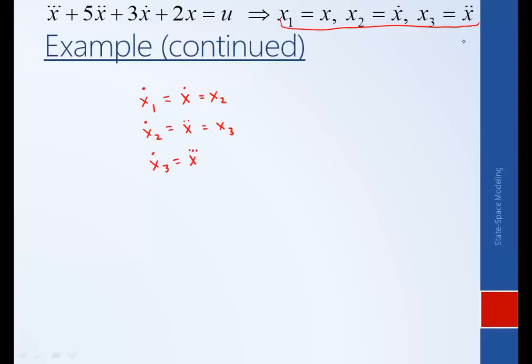And then finally, x3, its first derivative is x triple dot. We don't have a state variable equal to x triple dot, but we do have the original differential equation, which we can use to express x triple dot in terms of the other state variables. So if I subtract all of these terms to the other side, I have negative 5x double dot, where x double dot is x3.